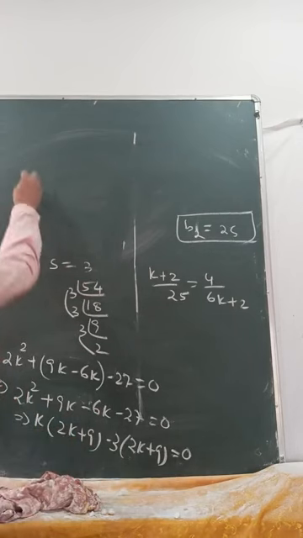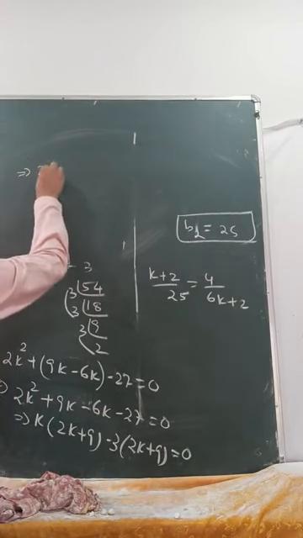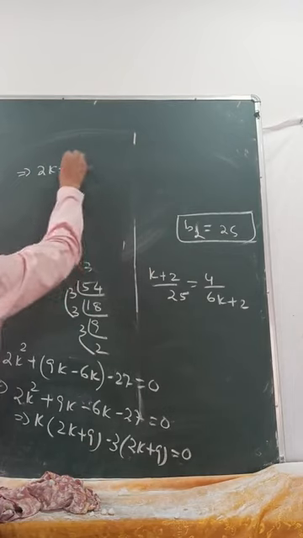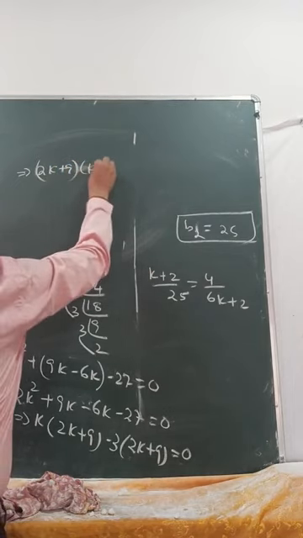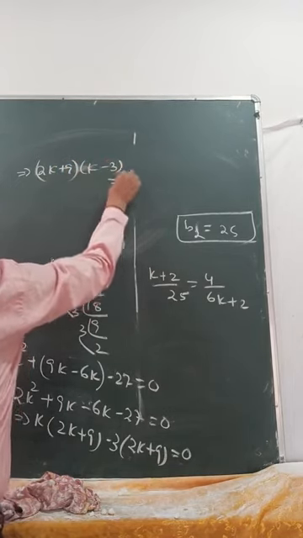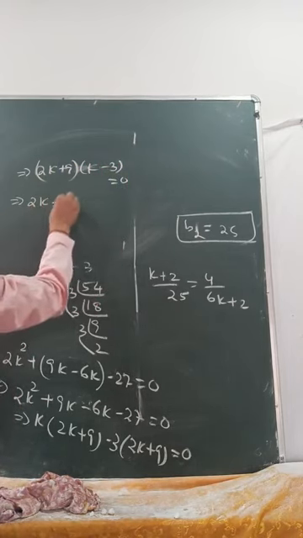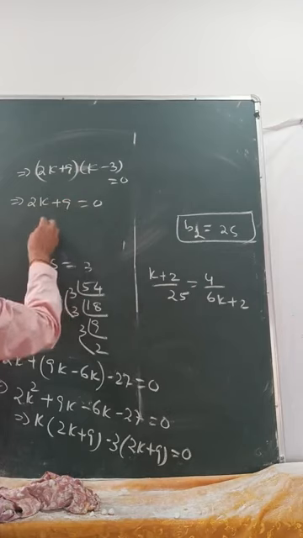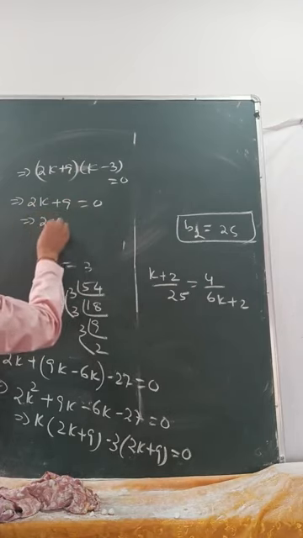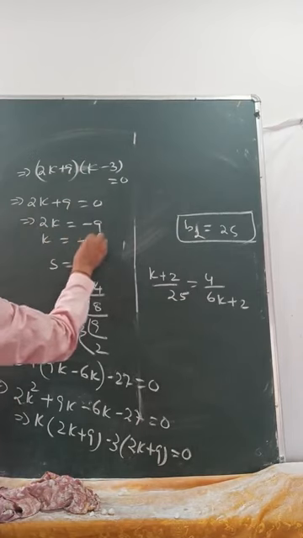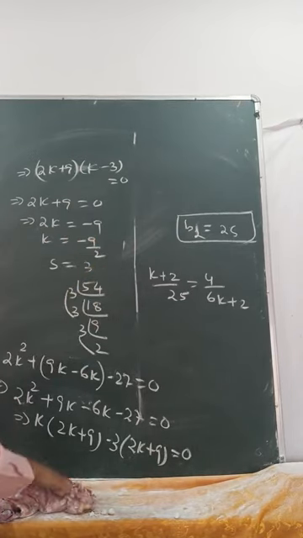So (2k + 9)(k - 3) equals 0. 2k + 9 is 0, which implies 2k equals minus 9, k equals minus 9 by 2.